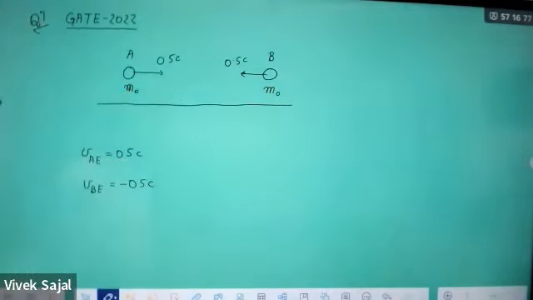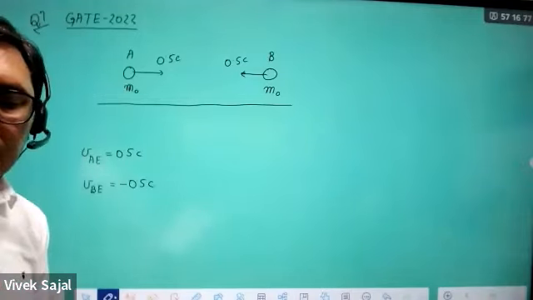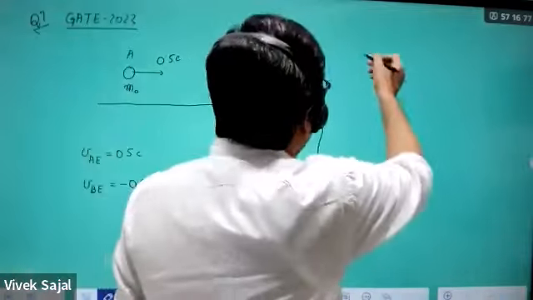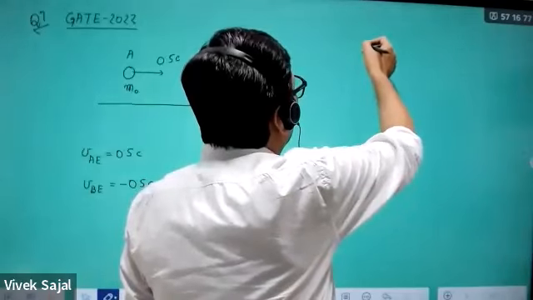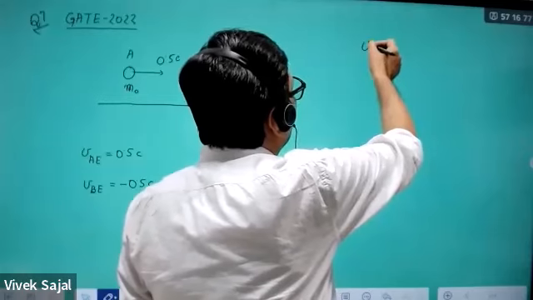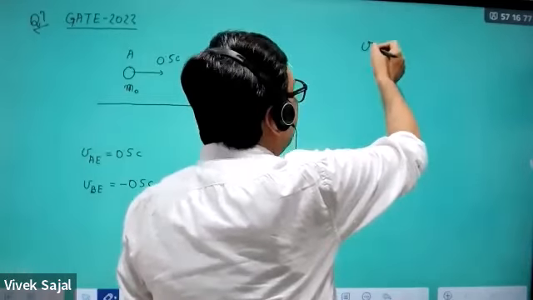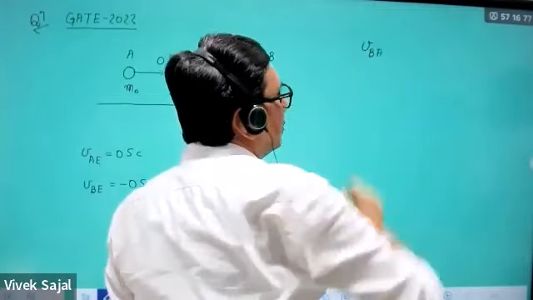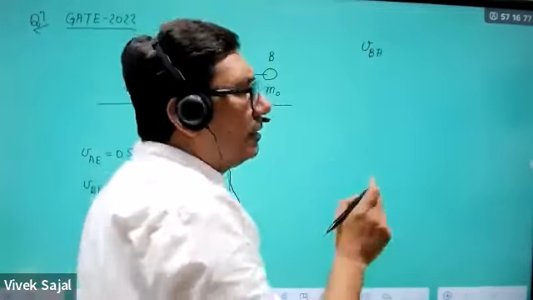What you have to find out is the total energy of one of the particles as measured in the rest frame of the other. So I can find out the velocity of B with respect to A. First, what is my interest?